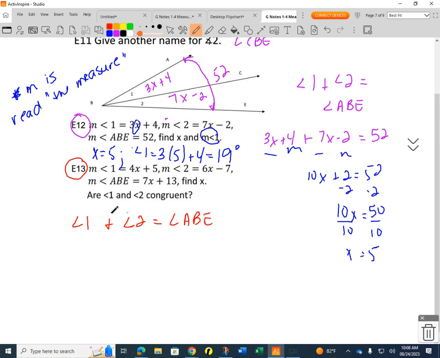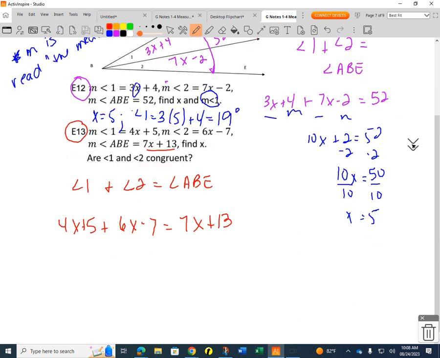You don't have to do that in your notes, but I will tell you that does help organize your thoughts when you write that down, right? So now I can ask, what is the expression for angle 1? Oh, it's 4x plus 5. What is the expression for angle 2? It is 6x minus 7. And then what is the expression for angle ABE? It's 7x plus 13.